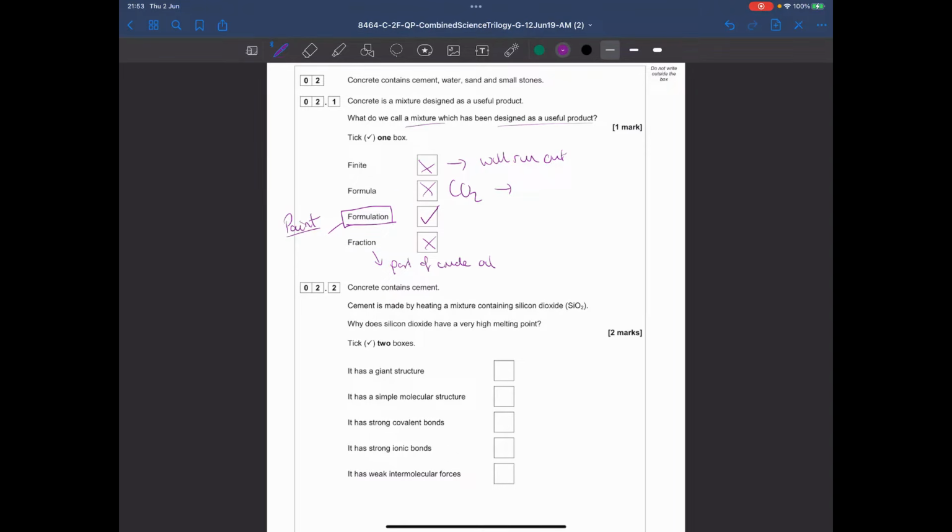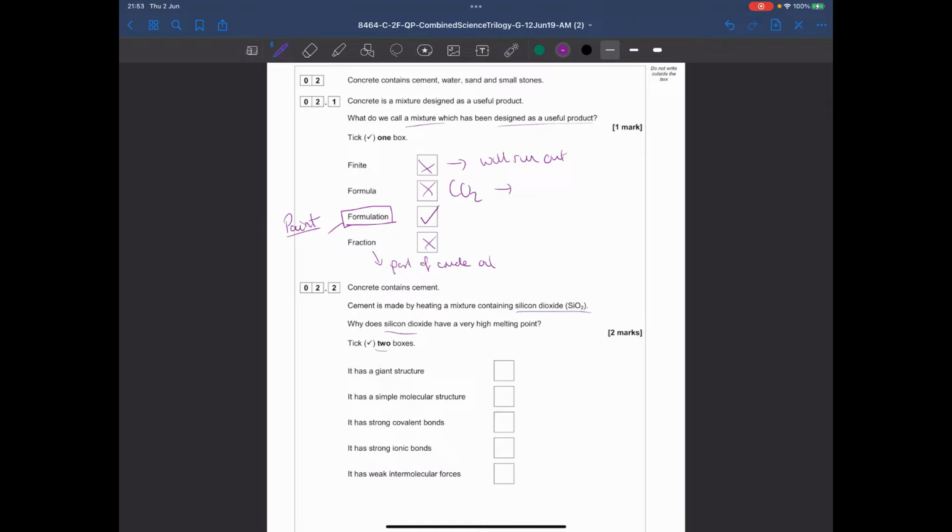Concrete contains cement. Cement is made by heating a mixture containing silicon dioxide, SiO2. Why does silicon dioxide have a very high melting point? Tick 2 boxes. So this is actually linking in a part of chemistry paper 1 knowledge. Just because you've sat chemistry paper 1 doesn't mean that they can't ask about some of the stuff from chemistry paper 1 in chemistry paper 2.